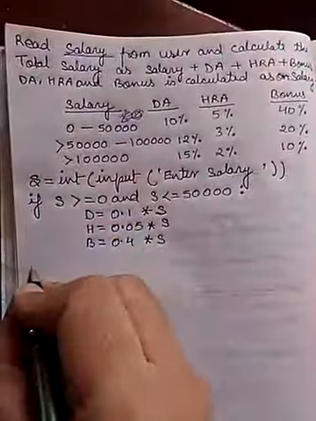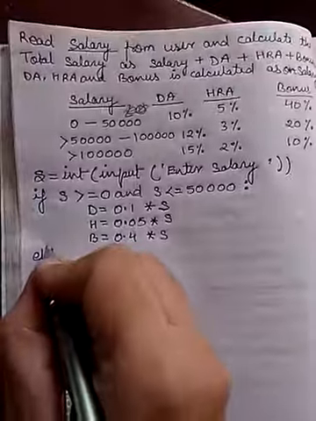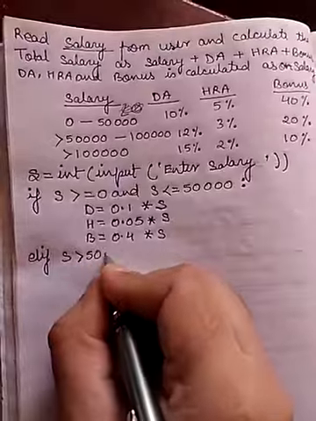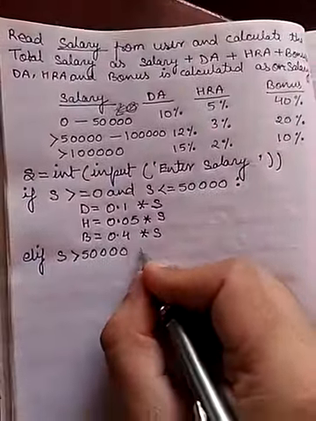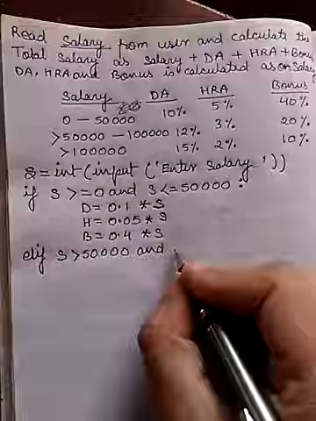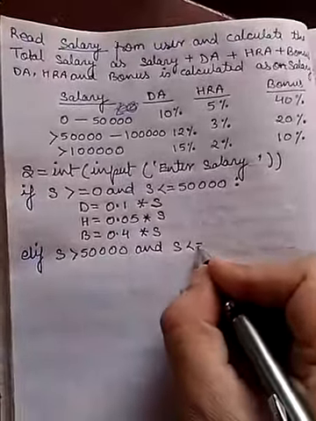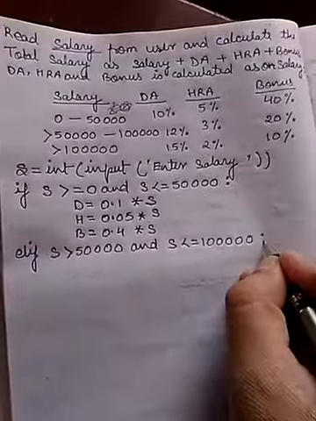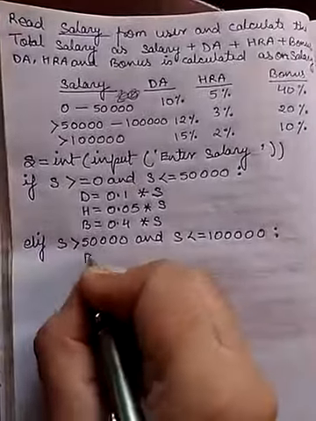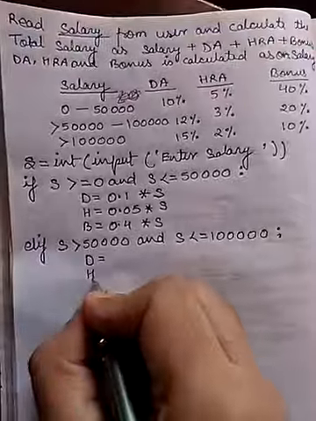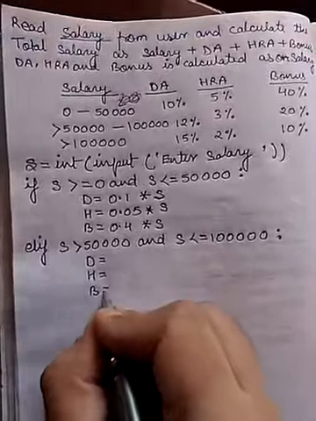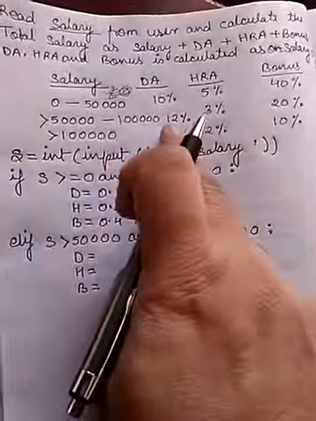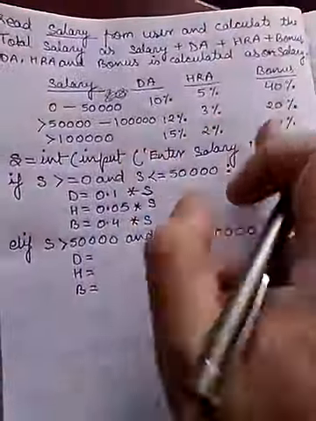In this indent, I am writing elif, another condition, salary is greater than 50,000 and salary is less than equal to 1 lakh. Again you need to calculate these three things, DA, HRA, bonus. Again for the second one, the DA is 12%, HRA 3% and bonus 15%.